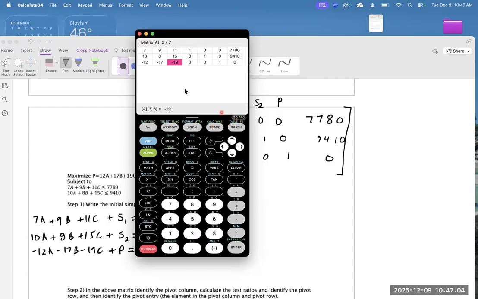So I'm noticing that negative 19 is the most negative value along the last row here. If you look at the last row, the most negative value is negative 19. So this automatically becomes our pivot column.